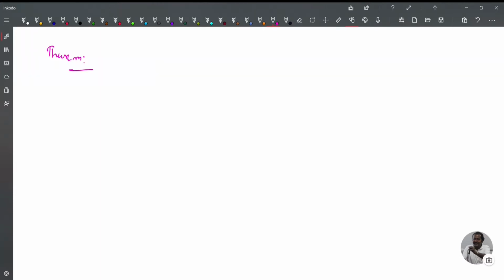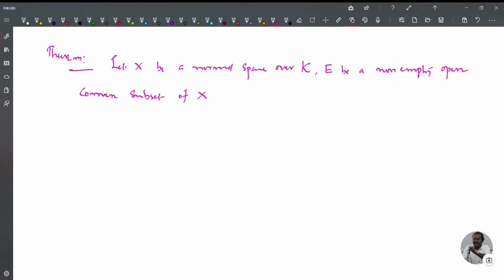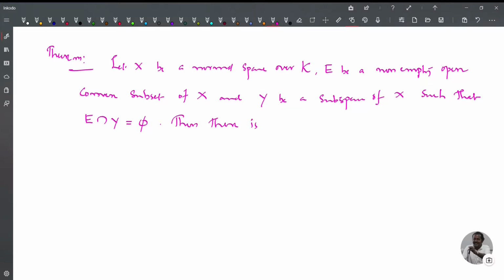So, theorem. Let X be a normed space over K, E be a non-empty open convex subset of X, and Y be a subspace of X such that E intersection Y is empty. Then there is a closed hyperspace Z in X such that Y is contained in Z and E intersection Z is equal to empty.